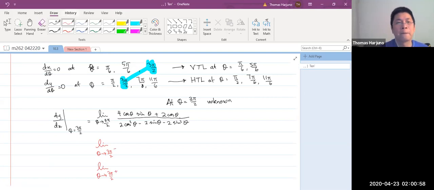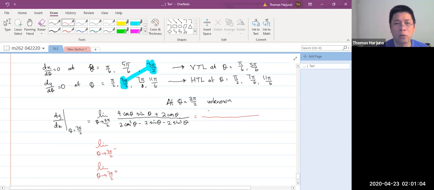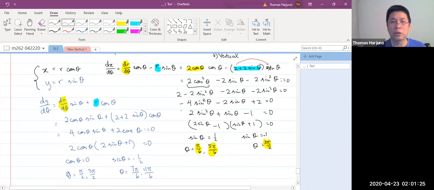Let me try to go on a bit further here. I can reduce by 2 and factor the cosine here. Factor 2, so I get 2 sine theta plus 1. How about at the bottom? I can factor the 2.